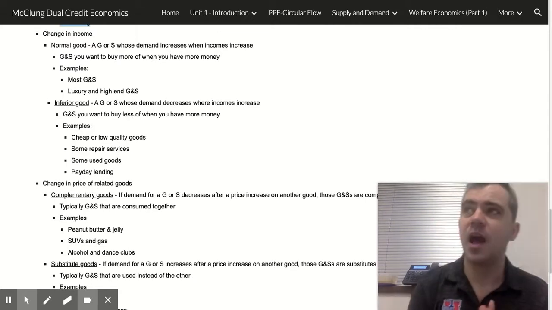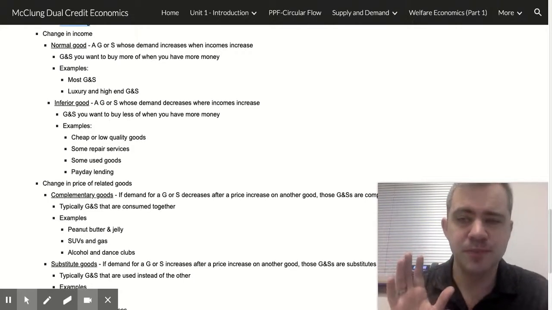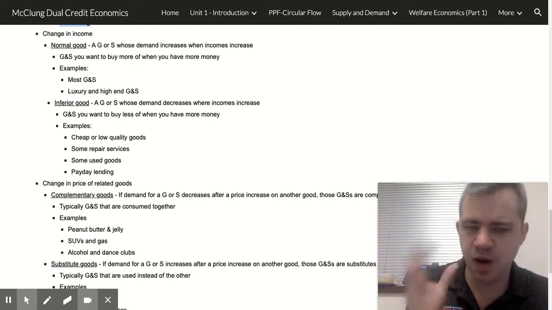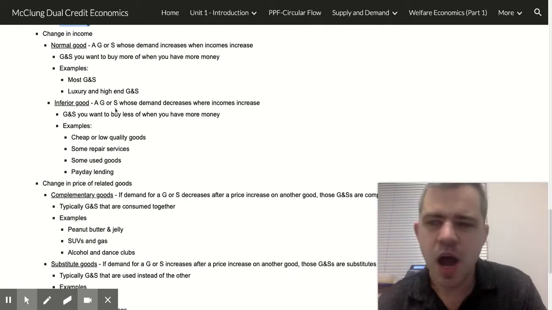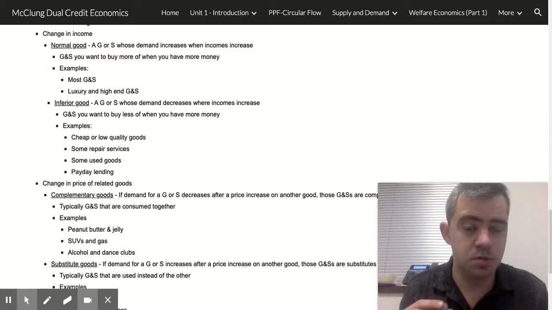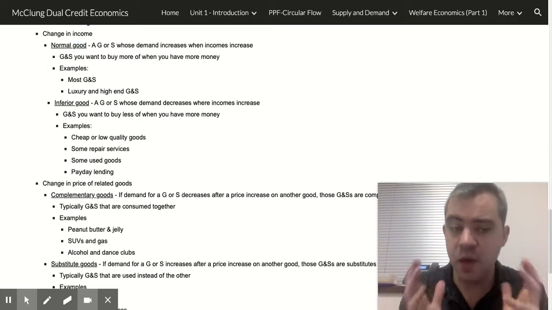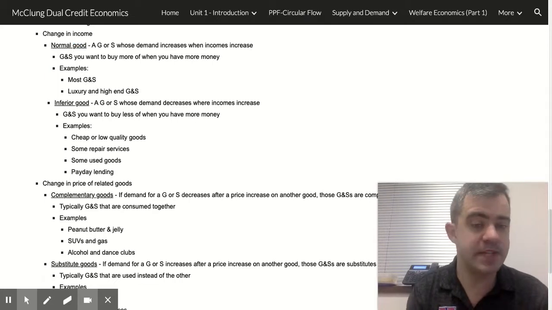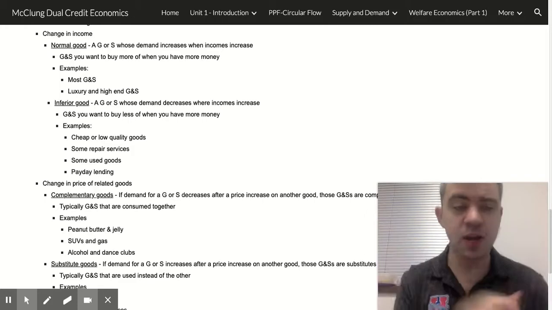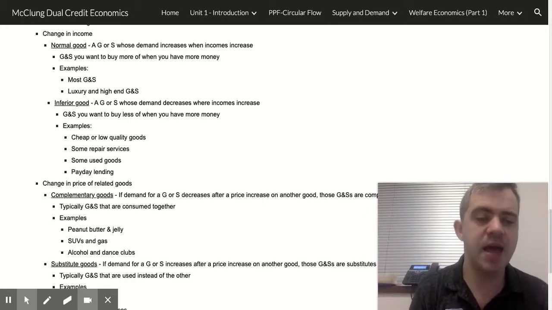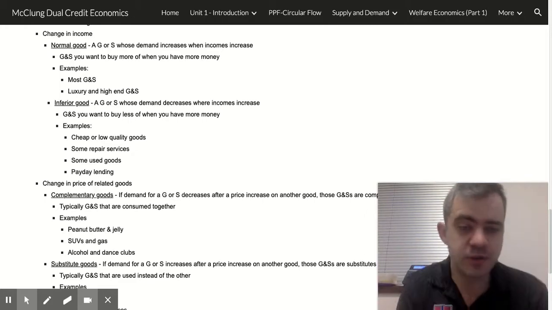Change in income. This one starts off what you would think, and then it kind of shifts a little bit. So there's something called a normal good. And normal goods are, for lack of a better word, normal. They work the way that you would expect when it comes to income. In general, as people have increased income, the demand for goods will increase.